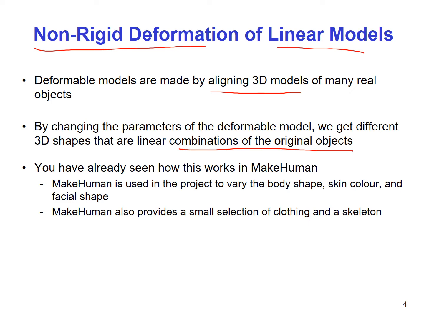Make Human, which is used in your project, can vary the body shape, the skin color, and facial shape. This is because it has calculated these values from some scans, and now it is basically linearly interpolating from one scan to the other. Make Human also provides a small selection of clothing and a skeleton.